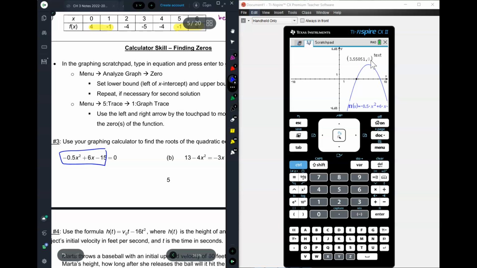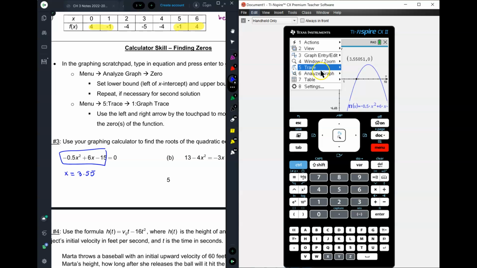Okay. So here we're going to say, okay, x is equal to, now it says to find the roots, so you're just going to do x is equal to 3.55. To find the other one, you're going to do it again. Menu, analyze graph, 0. Now you go to the other point, to the left, to the right.